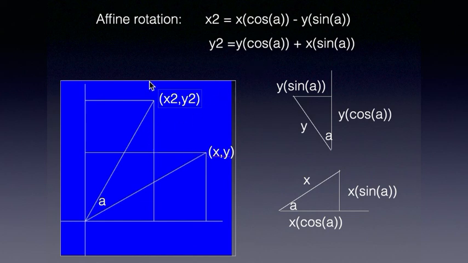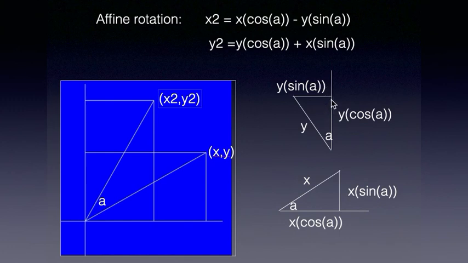Now there's a change in y. And y is actually both increasing and decreasing. Y increases by the x value times sine A, which is your standard situation even when x is sitting on the x-axis.